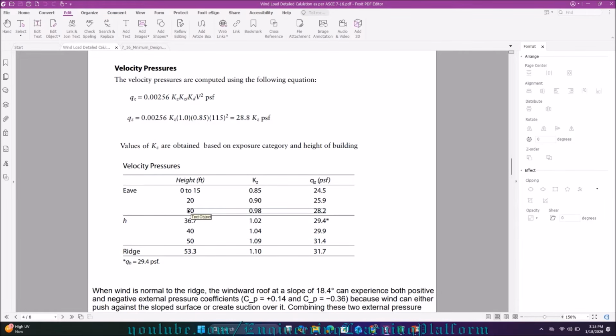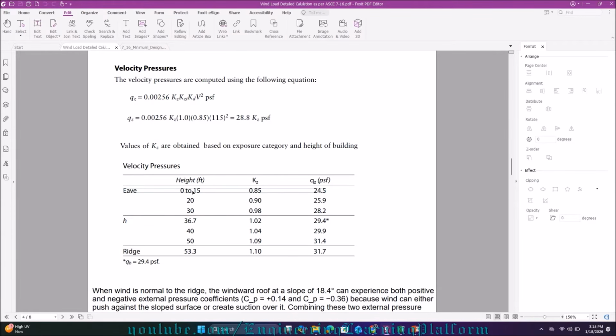The important thing that I need to tell you is, if you are calculating the velocity pressure for the leeward side, or roof or side walls, you do not need to get the KZ value at every height. You just need the KZ value at roof mean height. That's all. Nothing more than that.